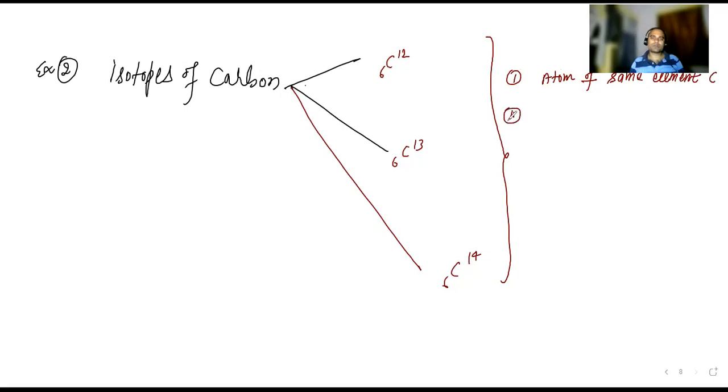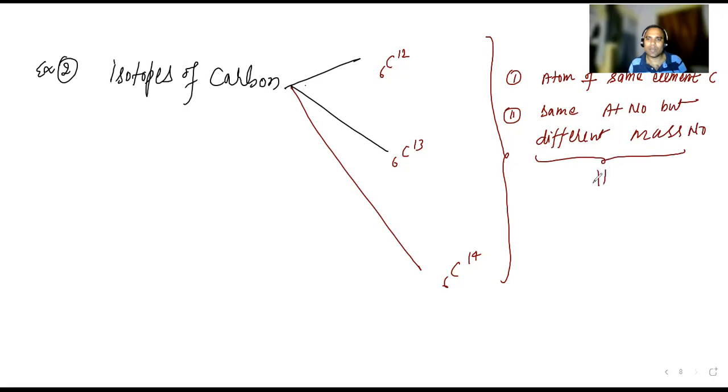Point number 2: same atomic number but different mass number. If this is happening, they are known as isotopes. Can you understand this? Okay. Can I erase this one?